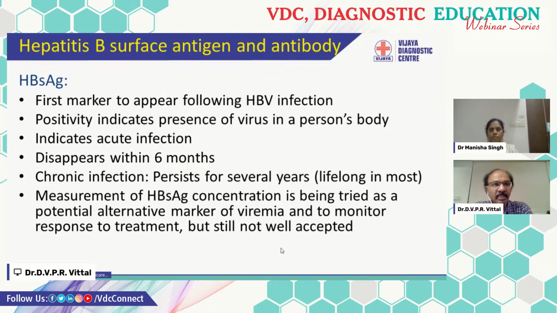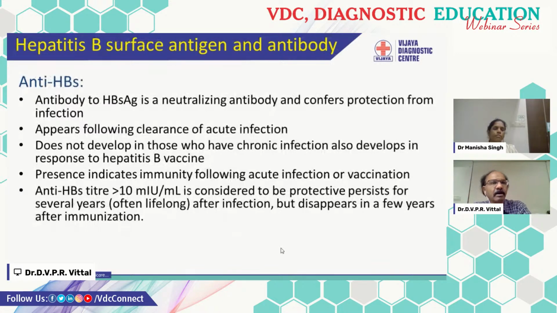Now, let us go to the second one, the antibody that is produced against hepatitis B surface antigen. This is the neutralizing antibody, and this gives protection from infection to the patient. This appears usually after 6 months because for the elimination of the virus from the patient's blood, it usually takes 6 months.